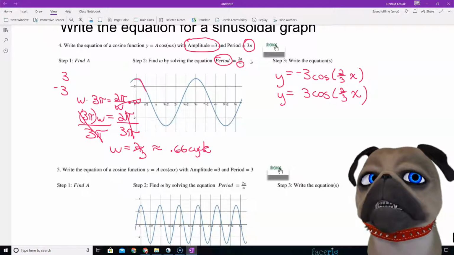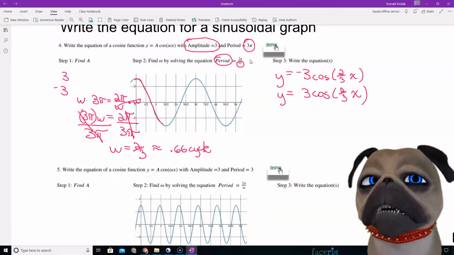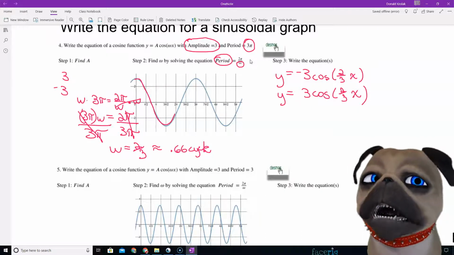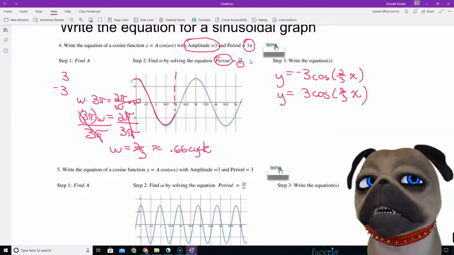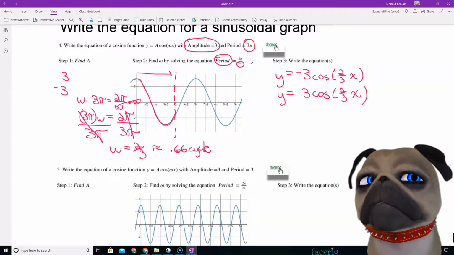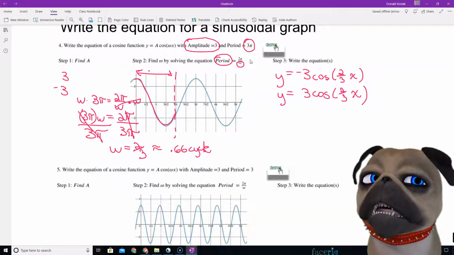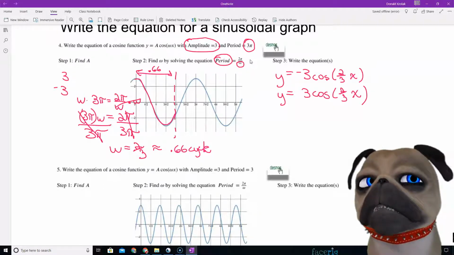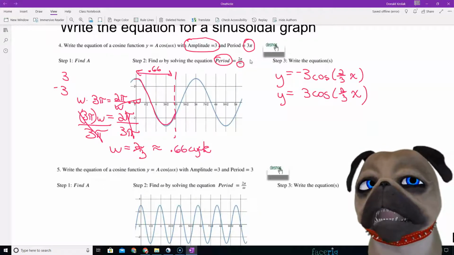Here's our cosine, and by the time we get to 2, there's our cutoff at 2 pi. So you see we don't see a full cycle of sine or cosine, we only see 6/10 of a cycle between 0 and 2 pi.